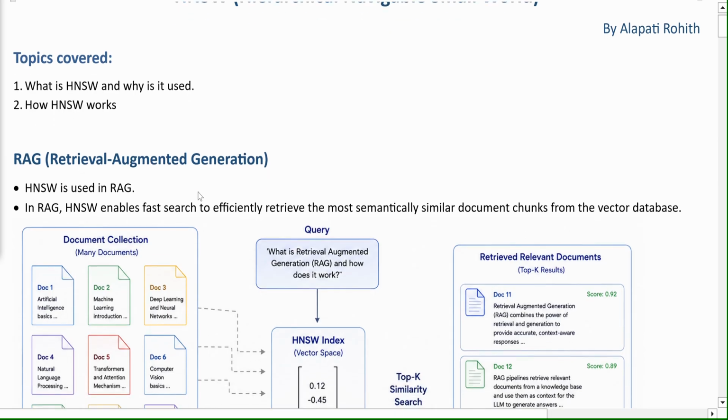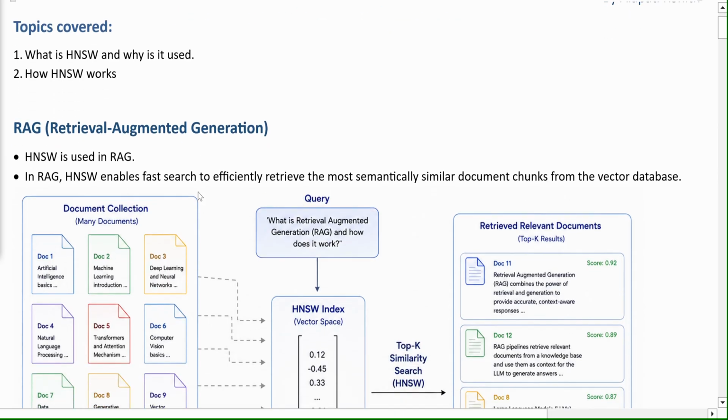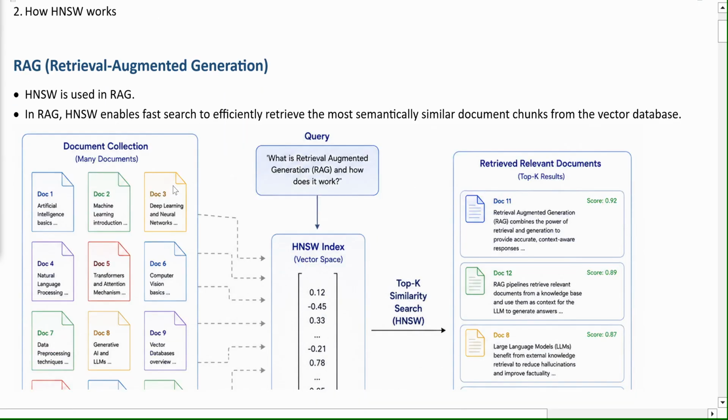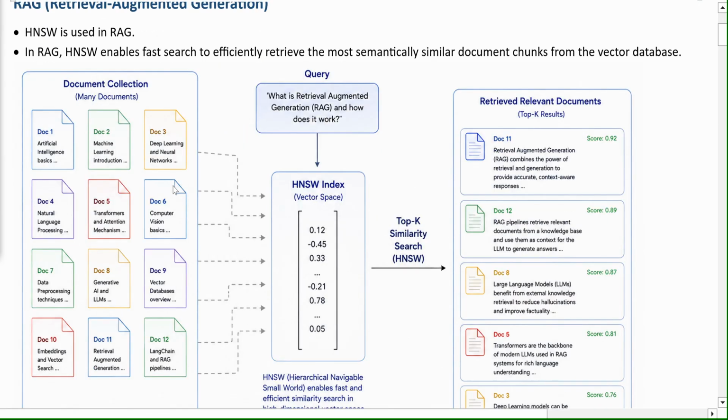Before you understand HNSW, let's understand where exactly it is used. HNSW is used in RAG. In RAG, there will be multiple documents and there will be one query.